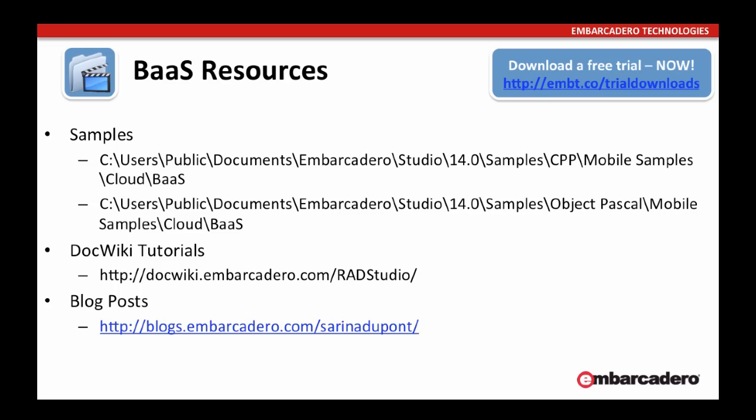And I've been covering various BaaS-related topics, including push triggers, push notifications, storage, user account creation, authentication, etc., on my blog. And you can find those tutorials by going to blogs.embarcadero.com/Sarina Dupont. I'm also planning on making the samples that I showed today available for future download, and I will be posting a blog post once those are available.